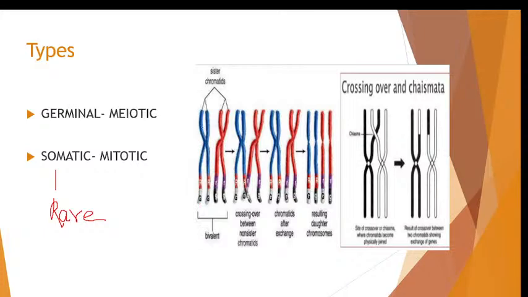The two blue ones together are sister chromatids, and the two red ones together are sister chromatids. Blue and red are called non-sister chromatids.